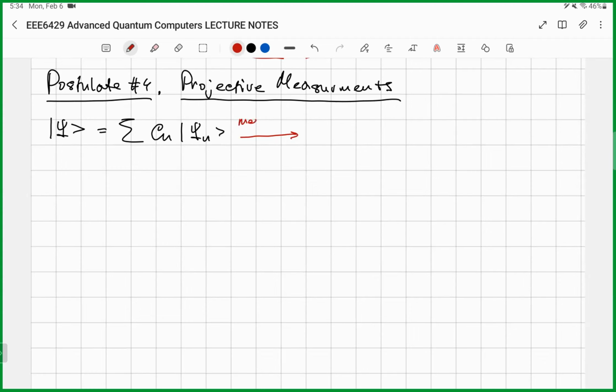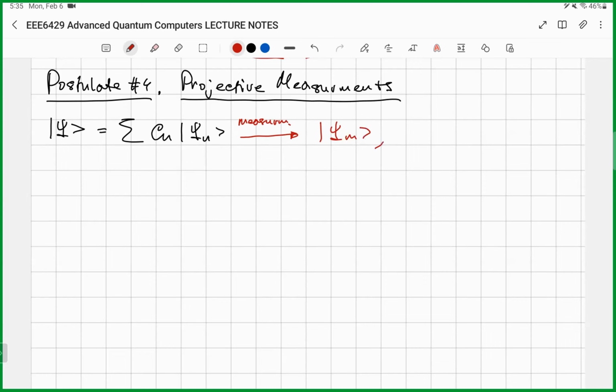Let's write this measurement. And as a result of measurement, of course, I can get only one possible state, but not the superposition of them, just one possible state. For example, some state psi m.